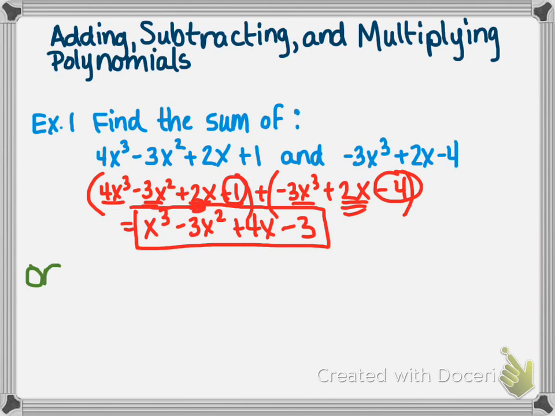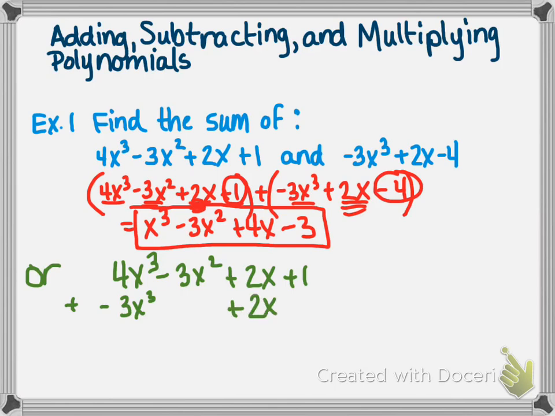Okay, vertically, write the first polynomial, 4x cubed minus 3x squared plus 2x plus 1. And then underneath it, write the second one, but line up terms with the same degree. So our cube term goes underneath our cubic term, our linear term goes underneath our linear term, and our constant goes underneath our constant.